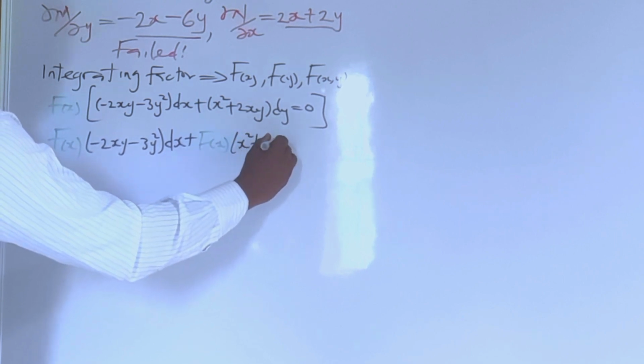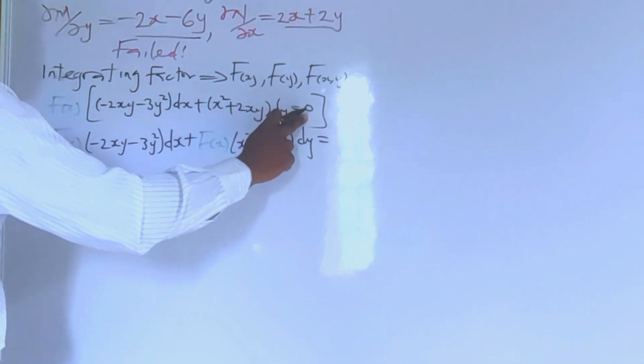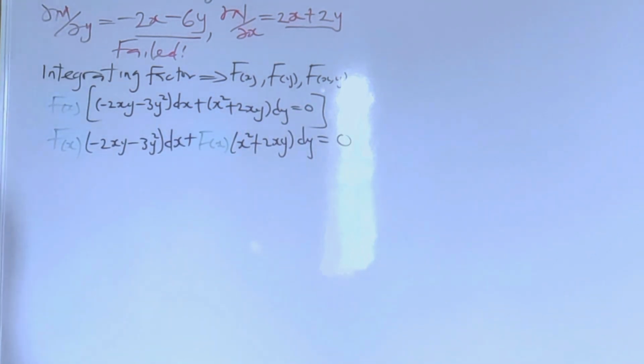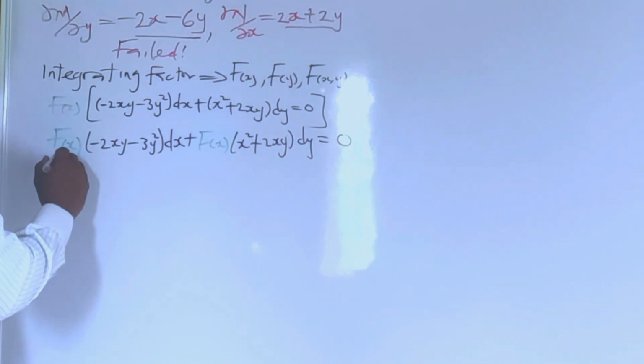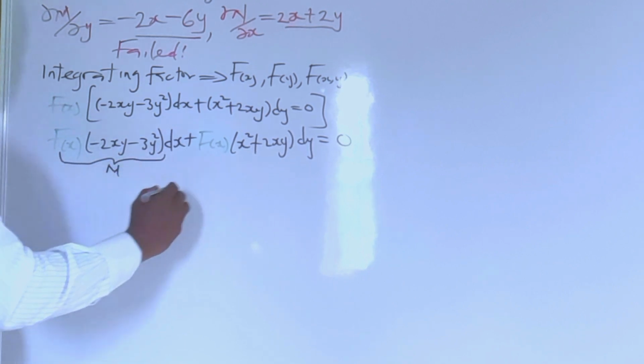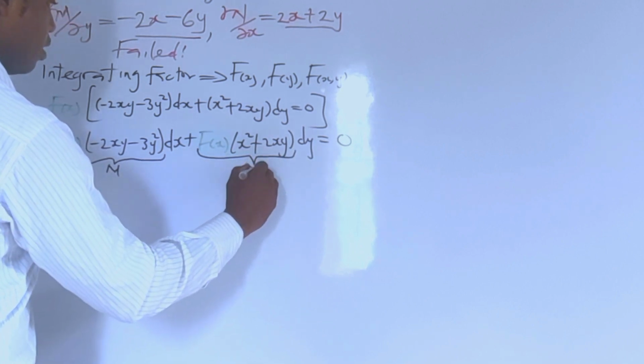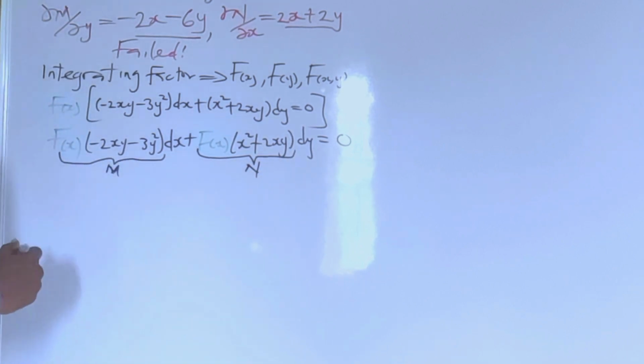And f of x multiplied by 0 gives me 0. So now this is a new differential equation we have to deal with. Our M has changed and our N has changed as well, having the integrating factor f of x in it. I will assume that this is exact now.